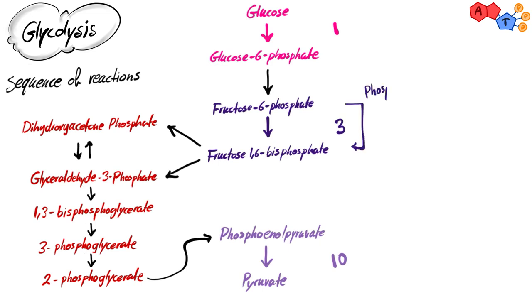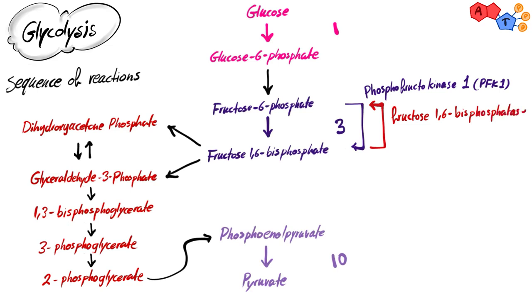In glycolysis, this irreversible step is catalyzed by the enzyme phosphofructokinase 1. In gluconeogenesis, phosphofructokinase 1 is replaced by fructose 1,6-bisphosphatase. So you can pretty much guess what this enzyme would do. It'll hydrolyze fructose 1,6-bisphosphate to form fructose 6-phosphate, which is then converted to glucose 6-phosphate by the reversible glycolytic reaction number 2.